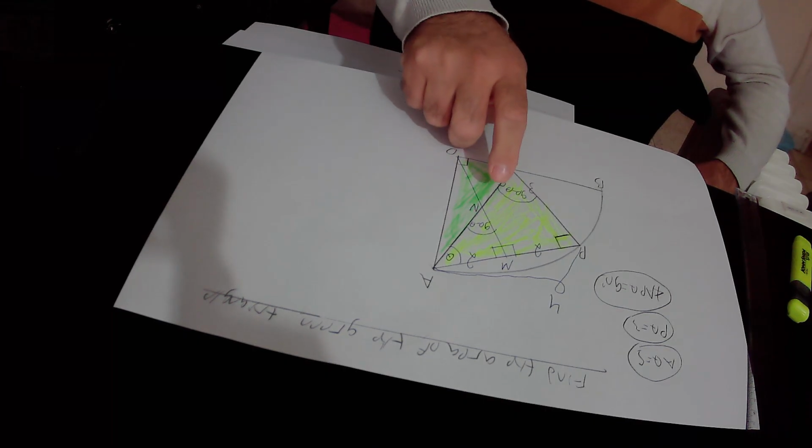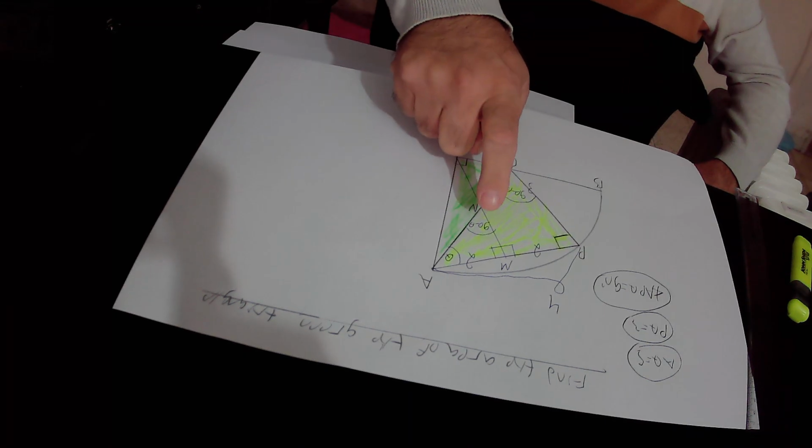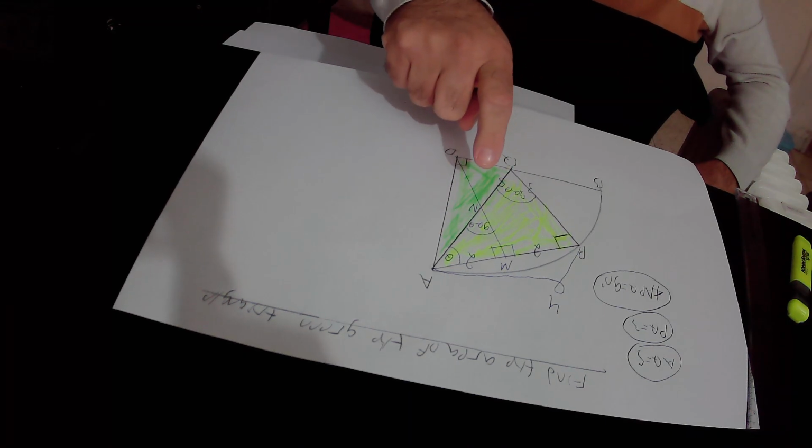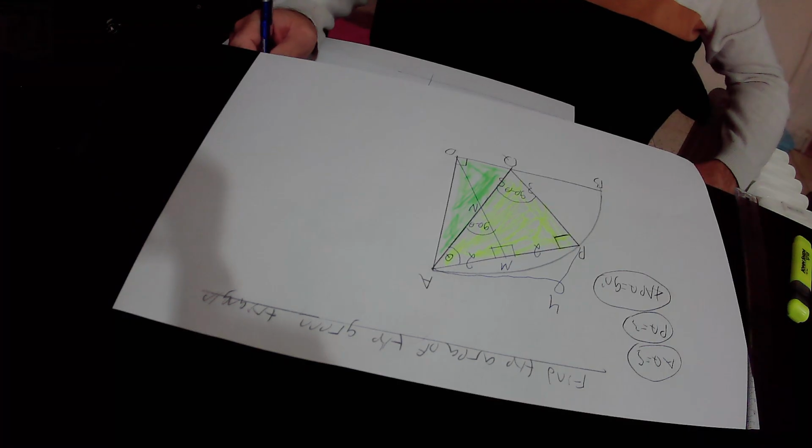Angle theta also belongs to the small triangle AMN, therefore we'll call angle theta angle MAN. Again, it is a common angle that belongs to both triangles.